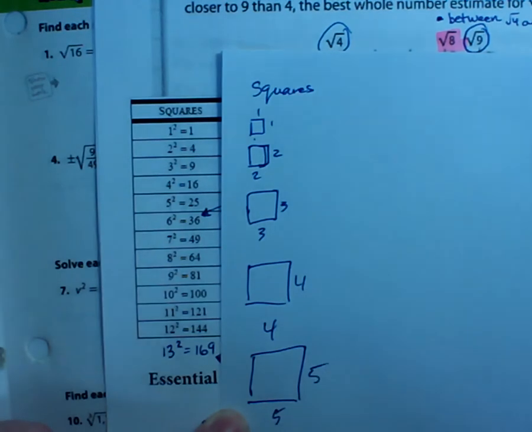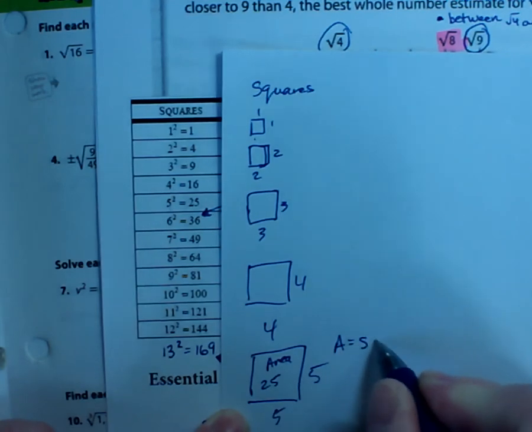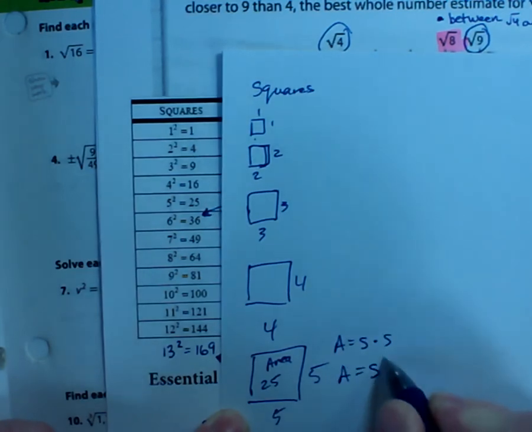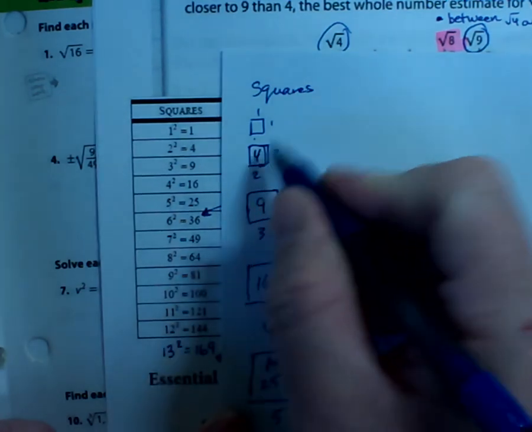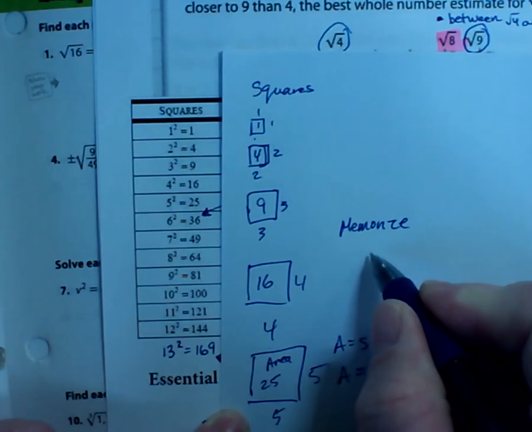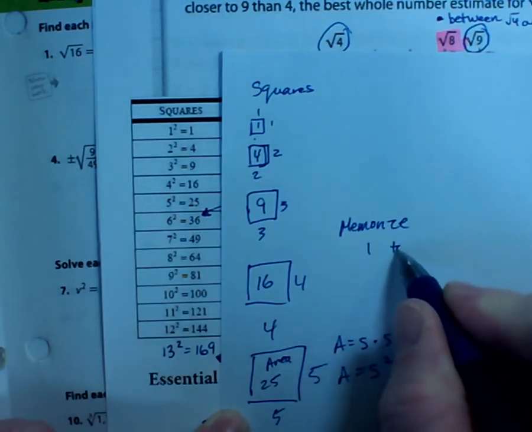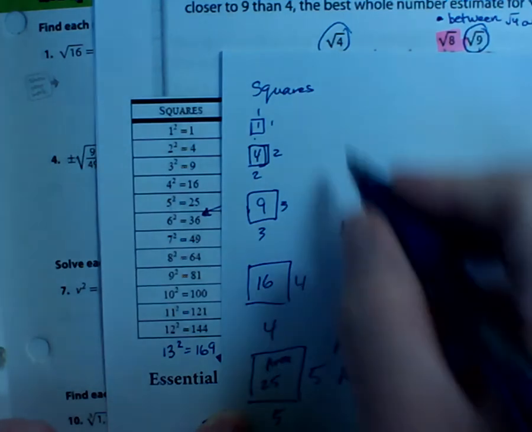And we get areas. The area is 25 because area is side times side or side squared. So we get 16, 9, 4, and 1. And we need to memorize these, from 1 to 15, let's say, the perfect squares.